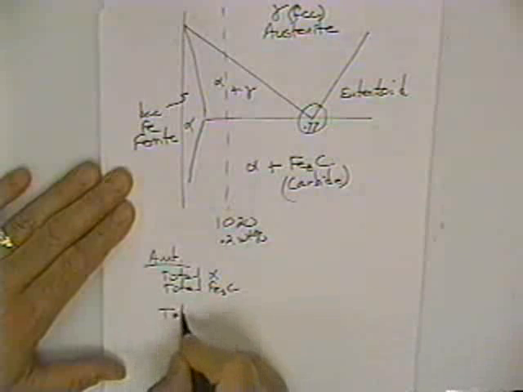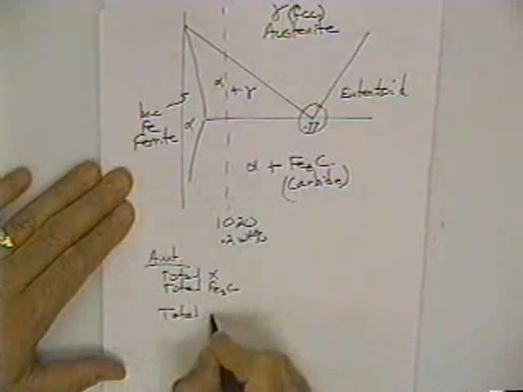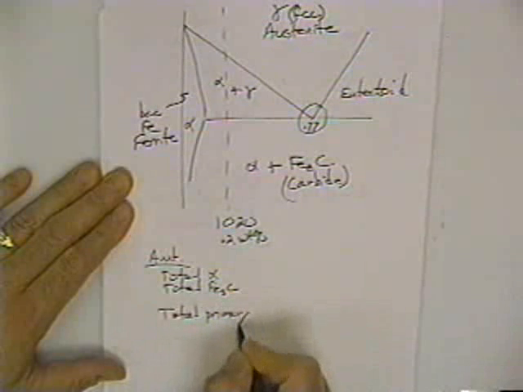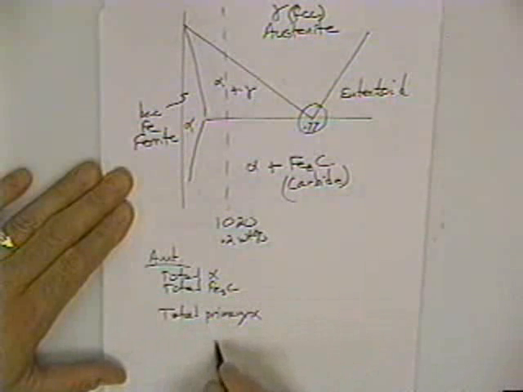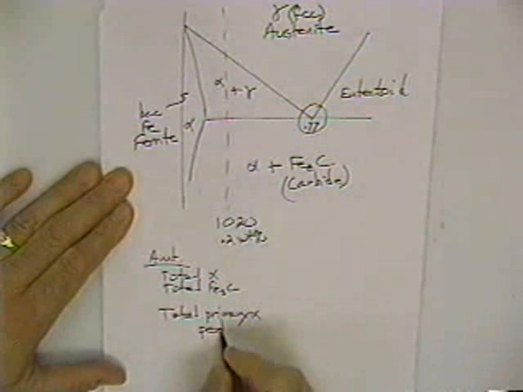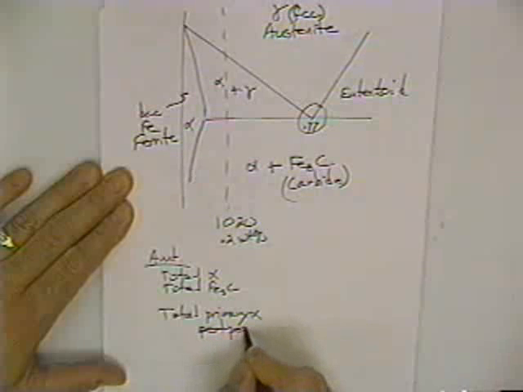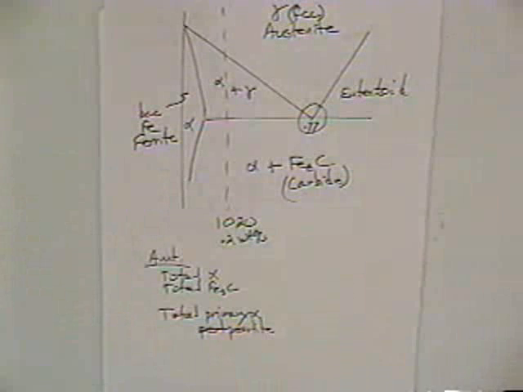And let's determine the amount of what's called primary alpha and the amount of pearlite. Not pearl light, but pearlite.